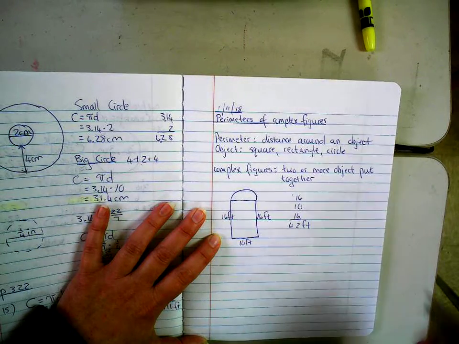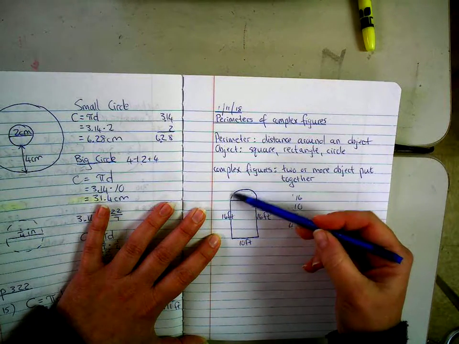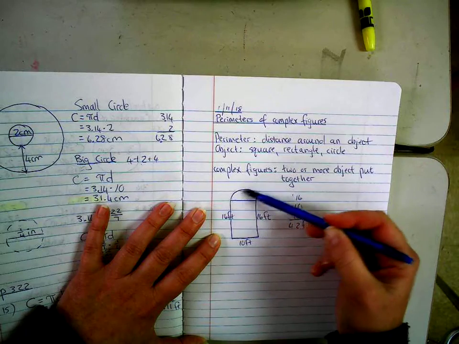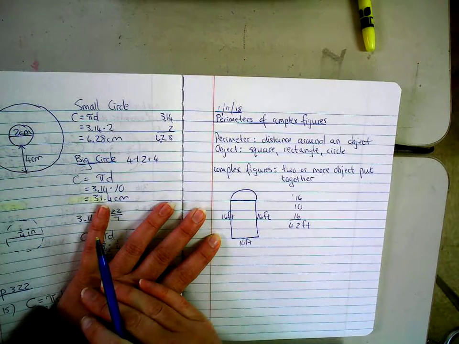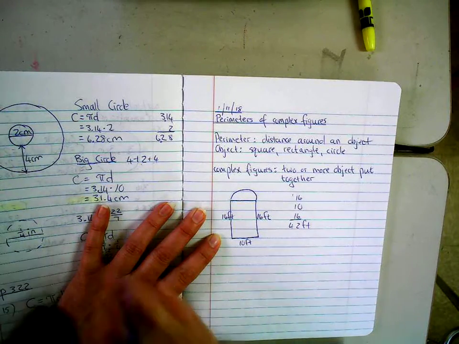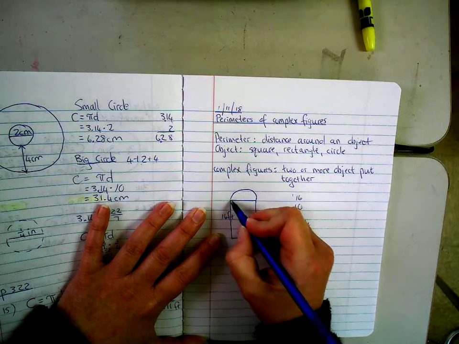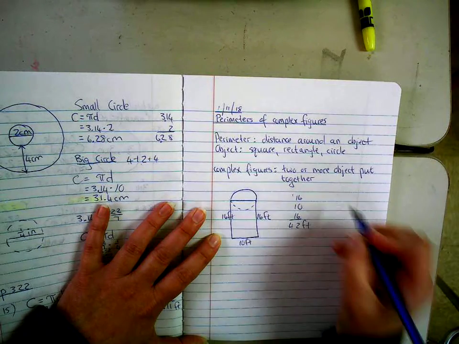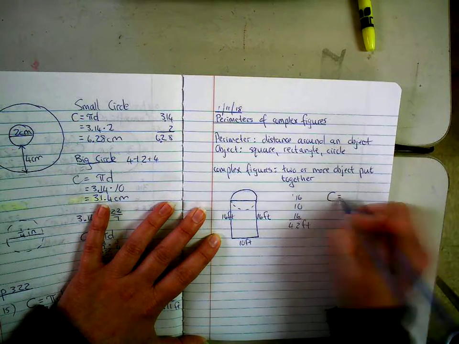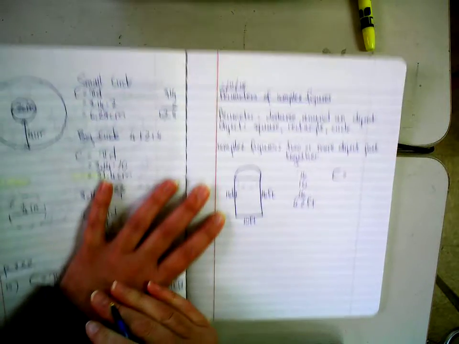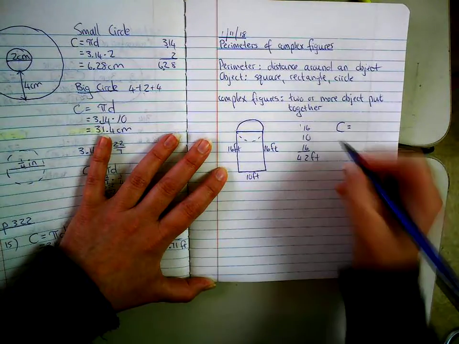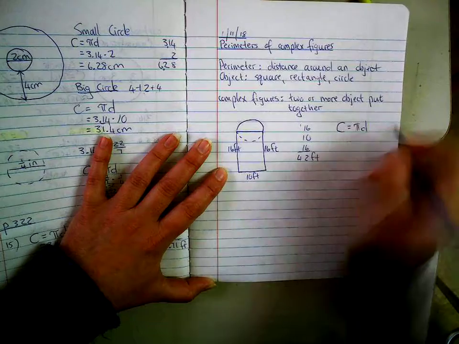Now, we still haven't calculated in this half a circle, the semicircle. And I don't have the formula for a semicircle, but guess what? I do have the formula of a whole circle. So this whole circle formula would be the circumference, and we learned that that is pi times the diameter.